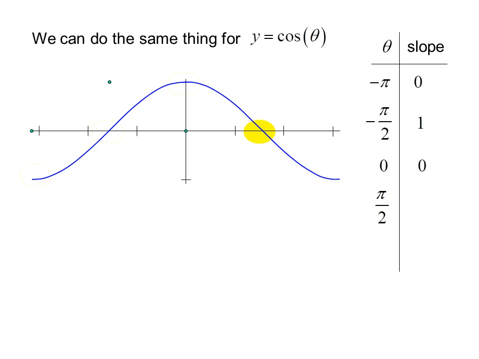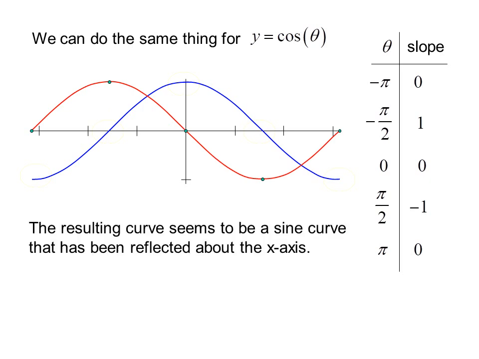At pi over 2, the slope is negative 1. And at pi, the slope is 0. Once again, we connect the dots. The resulting curve seems to be a sine curve that has been reflected about the x-axis.